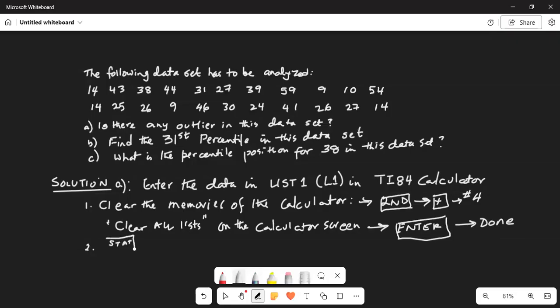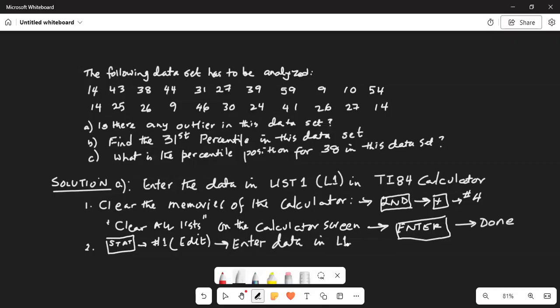Press the stat button, then number 1, which is edit. Enter data in L1.